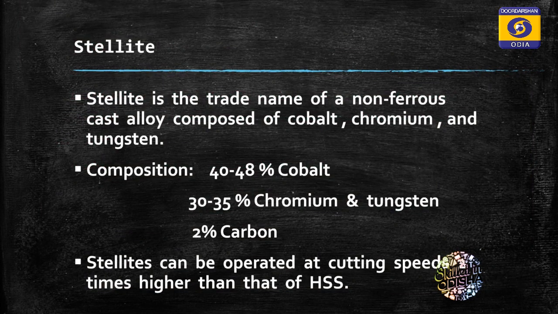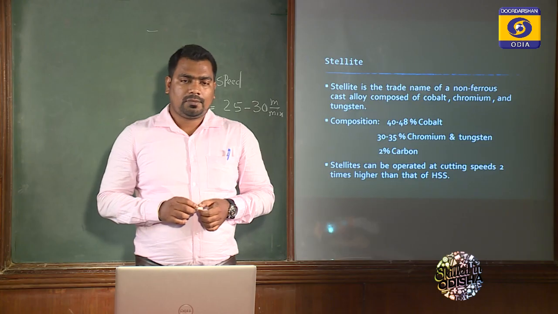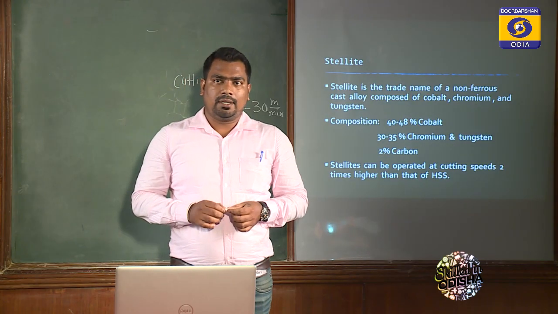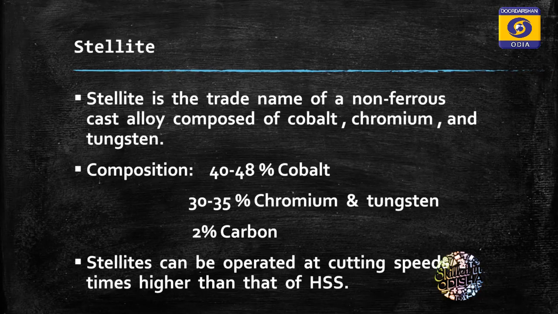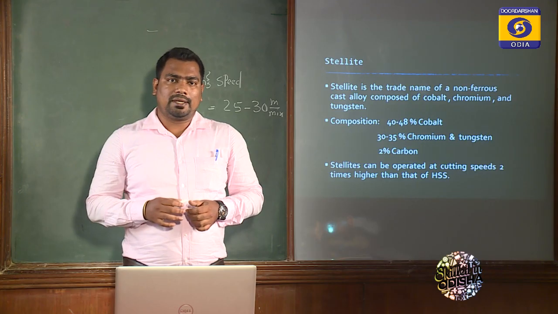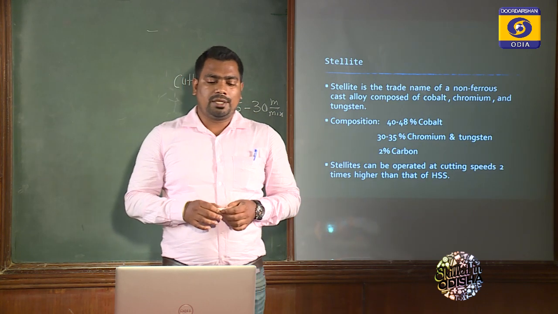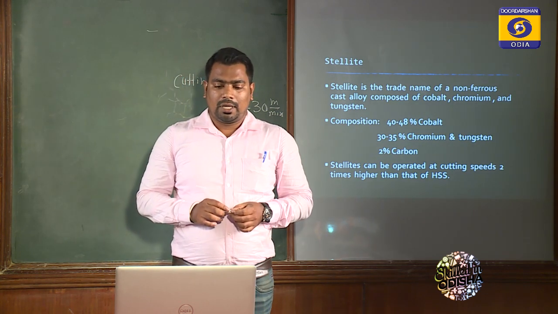The next, after high carbon steel and high speed steel, the next cutting material invented was stellite. Stellite is a non-ferrous cast alloy. Cast alloy means it is created by the process of casting, composed of cobalt, chromium and tungsten.